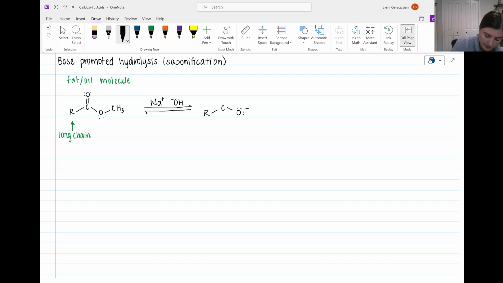So it's an ionic compound. This is a carboxylate salt, because we have O-, an anion, and then sodium as a counter ion is present as well. And this is the general structure of soap molecules.